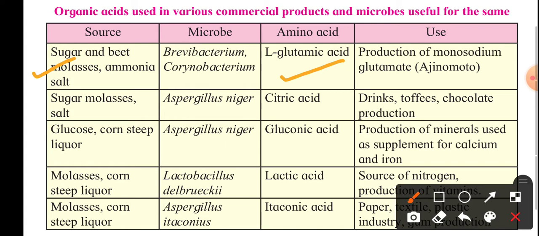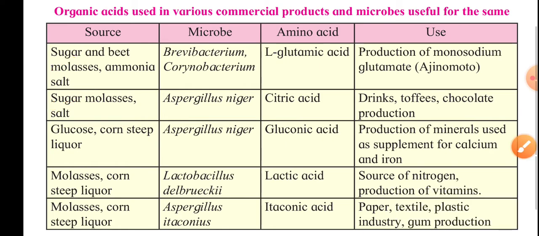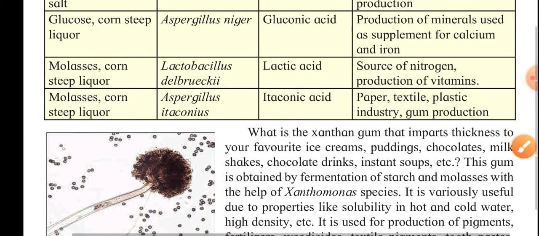Another one is sugar, molasses, salt, Aspergillus niger, and citric acid is produced, used for drinks, toffees, chocolate production. Further is glucose, corn steep liquor, Aspergillus niger, gluconic acid, production of minerals used as a supplement for calcium and iron.